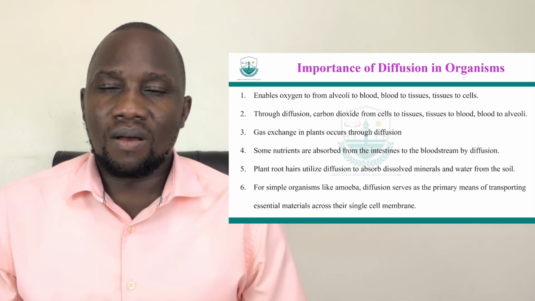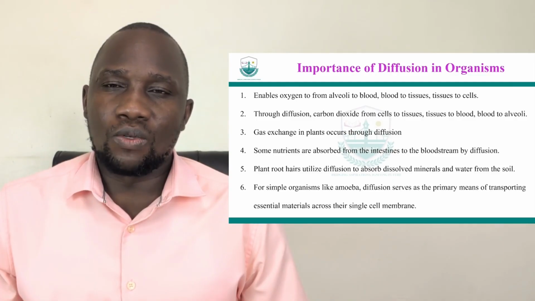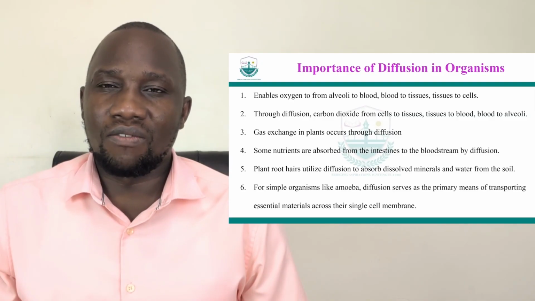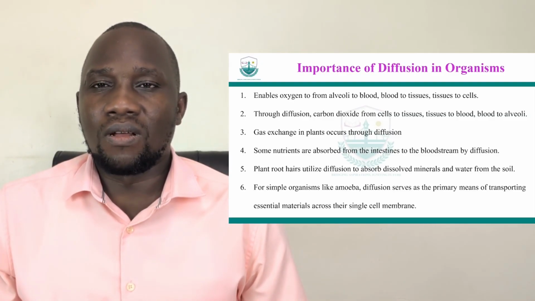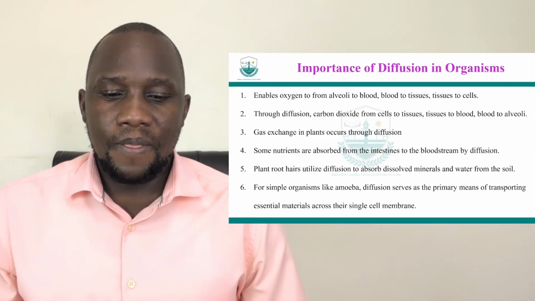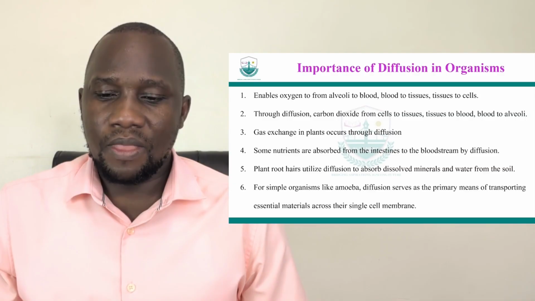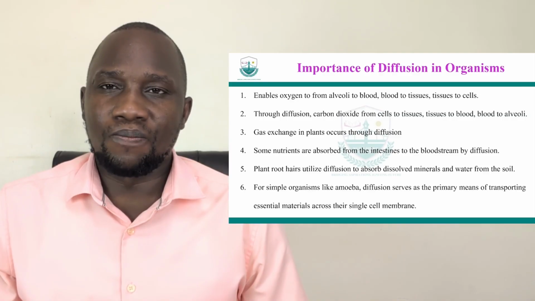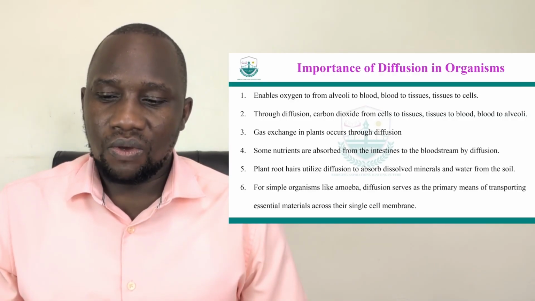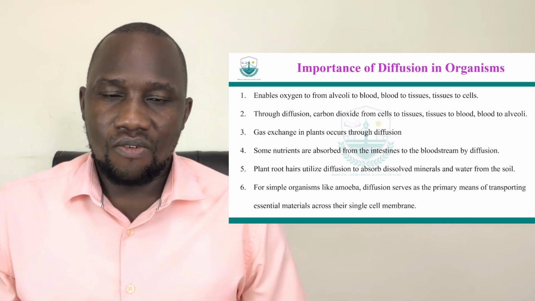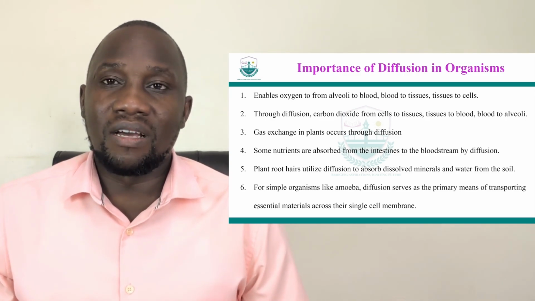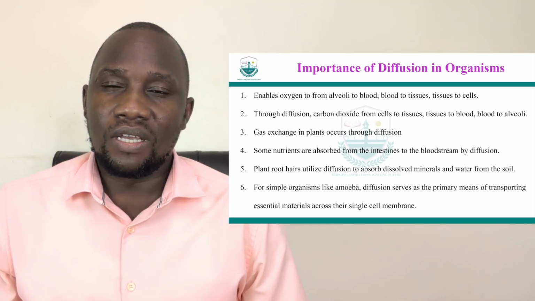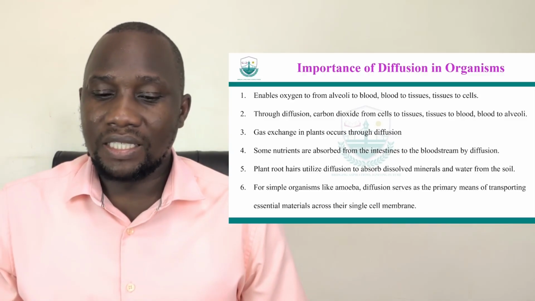The same thing happens to carbon dioxide, and the same thing happens in plants, where carbon dioxide diffuses in and also oxygen diffuses out. And then also absorption of nutrients in the intestines into the bloodstream, and the same thing happens for absorption of nutrients and mineral salts in the root hair. And then organisms like the amoeba, which is unicellular, depend on diffusion for their transport needs.